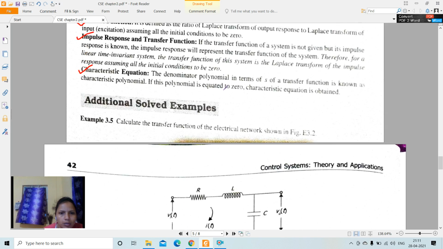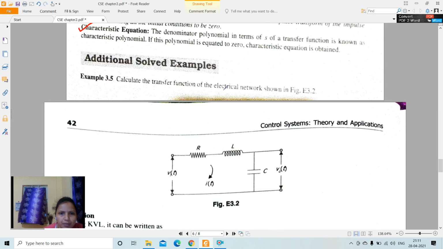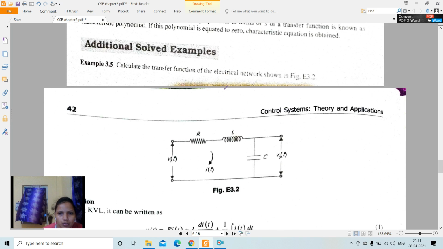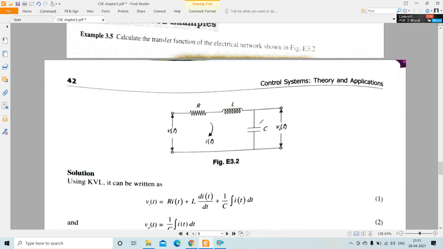So in today's class we will solve some numericals where we will calculate the transfer function of an electrical network. Okay, so see, this is one circuit given. In this circuit we have to calculate the transfer function.